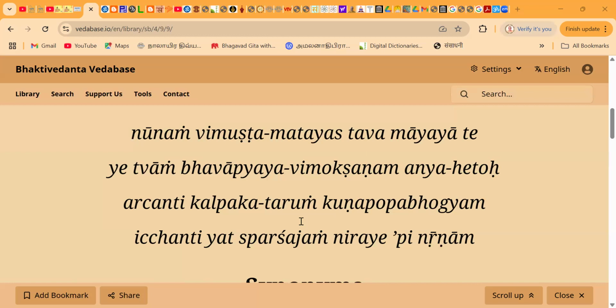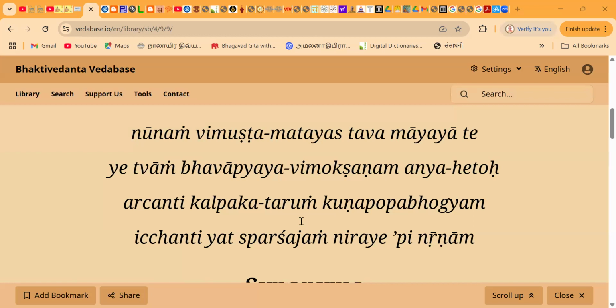And such people, by worshipping Krishna, want to enjoy through this corpse-like material body, and they want to enjoy sense gratification, which is available even in a lower species. Such people are Nunam Vimushta Matayaha.